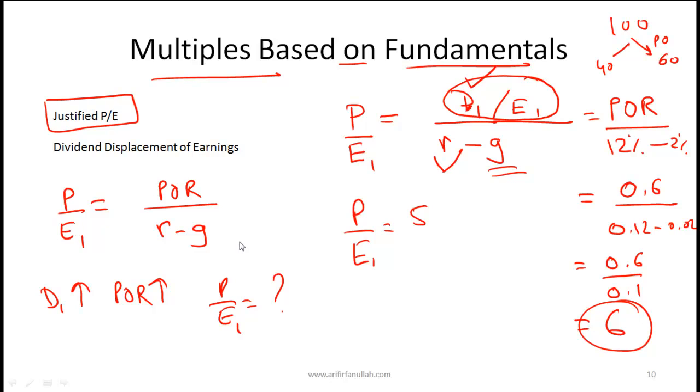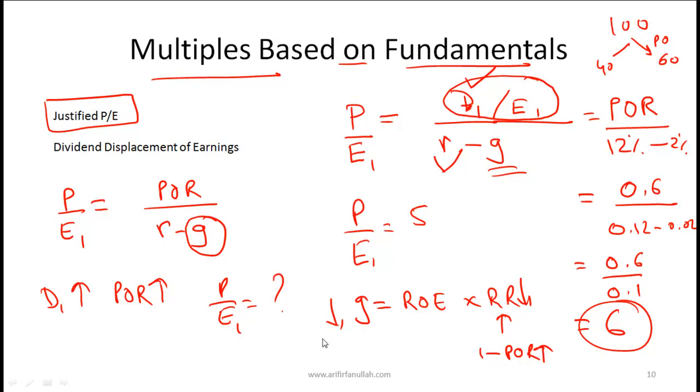The fact is that we also have this growth rate in the denominator, and if you recall from our last segment, growth rate is equal to ROE multiplied by the retention ratio, and retention ratio is nothing but 1 minus the payout ratio. So notice that if the payout ratio is going up, that means the retention ratio is going down. If the retention ratio is going down, that means growth rate is going down.